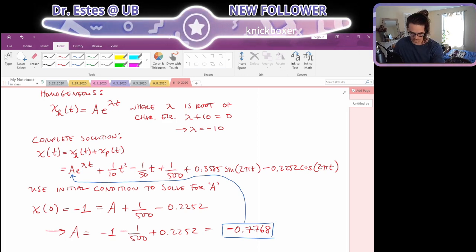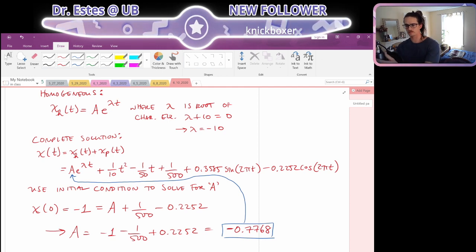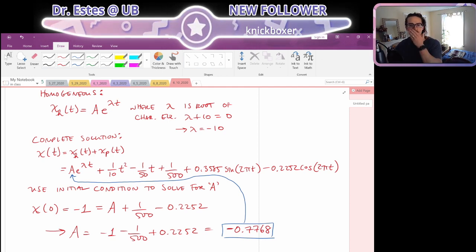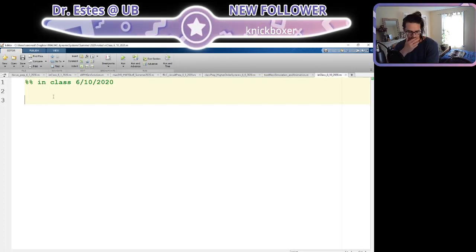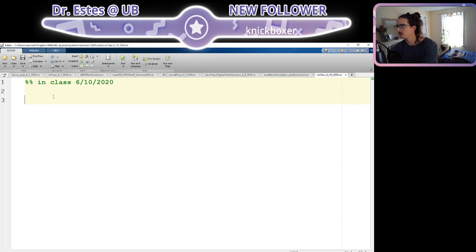Now let's go into MATLAB and plot this. Okay. So first, what I want to do is make a time vector to plot this over. I want to plot up to the settling time of this system.